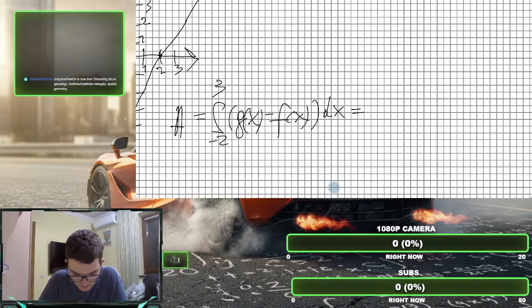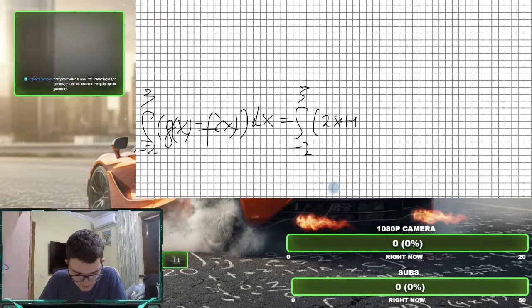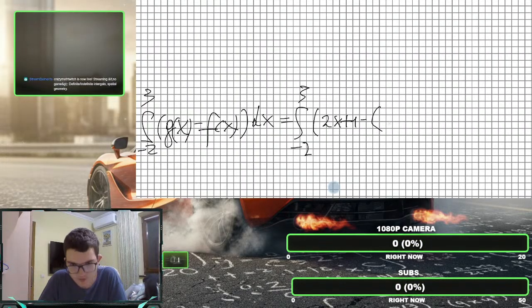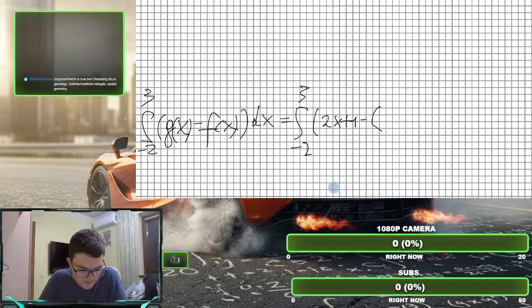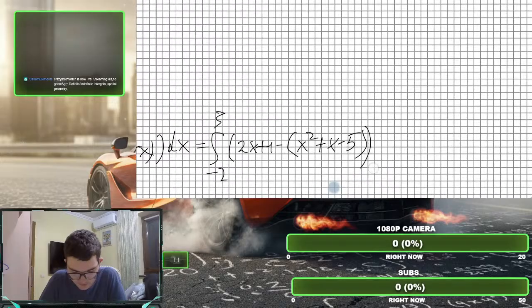So now I can just try to solve this. Integral from minus 2 to 3. Now I just write it down. g(x) is just 2x plus 1 and minus the f(x), parentheses once again, and it's x divided by 2 plus x minus 5, and close both parentheses and dx.